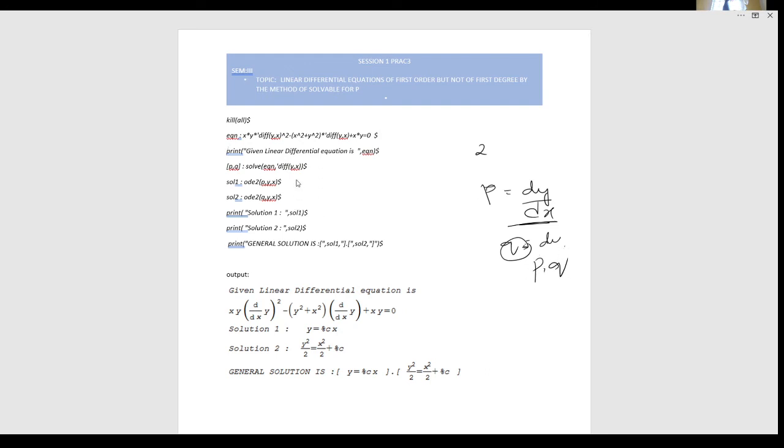We can then solve the ordinary linear differential equations after solution 1, and we have assigned those P and Q like this.